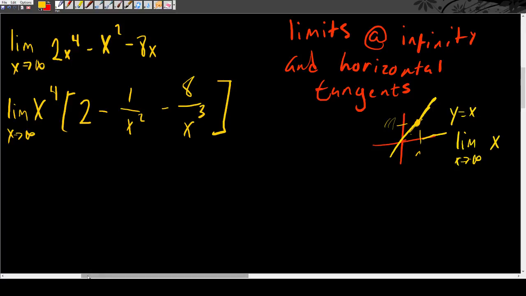So let me tell you something about calculus, if you haven't noticed this already. Splitting things up, whether you're doing derivatives, integrals, or limits, any of the 3 parts of calculus, is going to make your life 10,000 times easier.